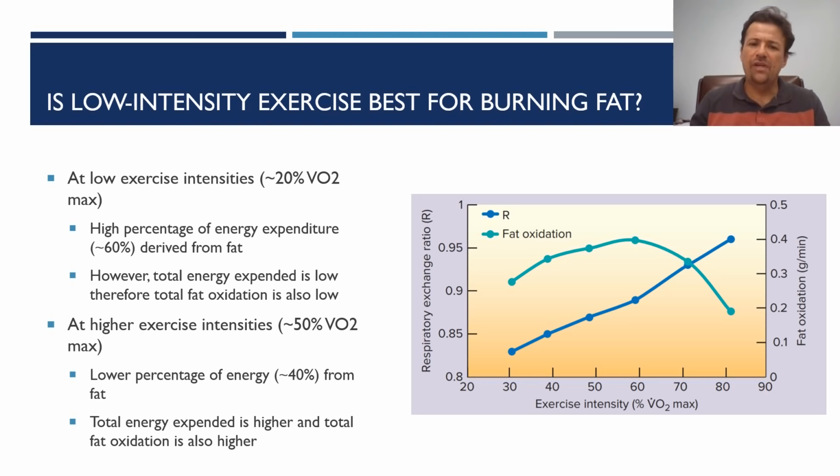So you can have a low intensity exercise that's predominantly using fats, as you can see here, but it's not burning many calories. So ultimately, you're not actually burning a lot of fat. Or you can be exercising with a lot higher intensity.